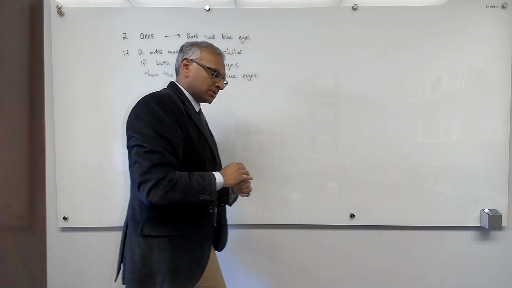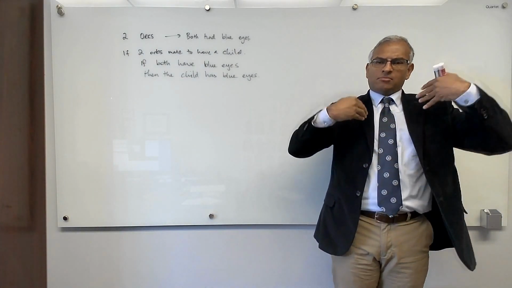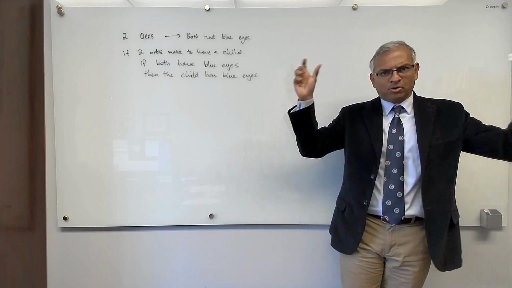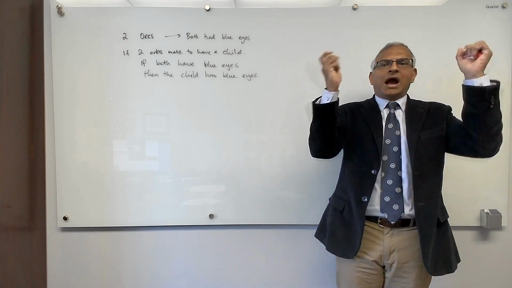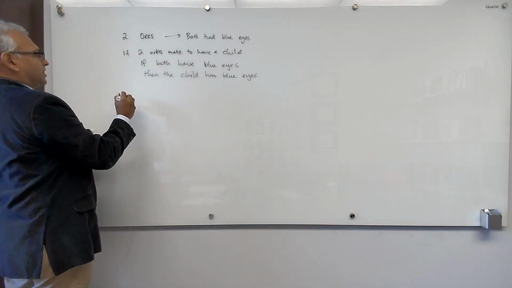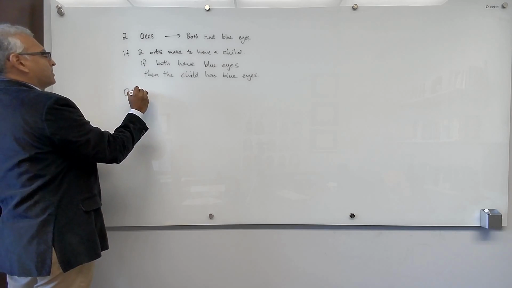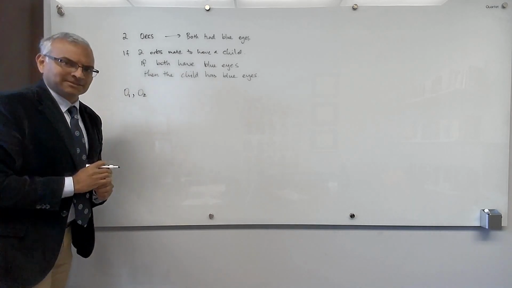In other words, this is a trait that is passed down from parents to children if both parents have this property, blue eyes. So think of ork 1 and ork 2 who are about to mate.